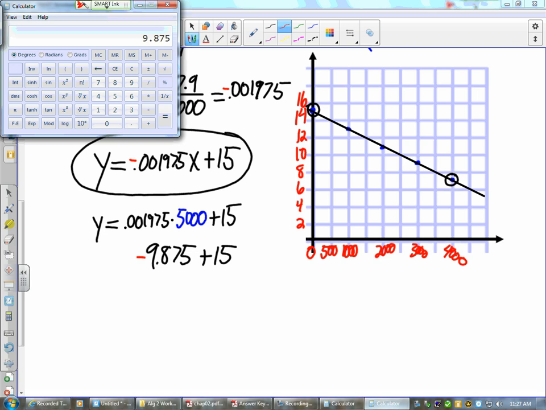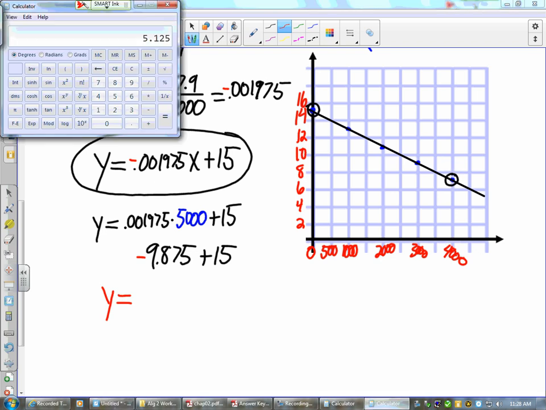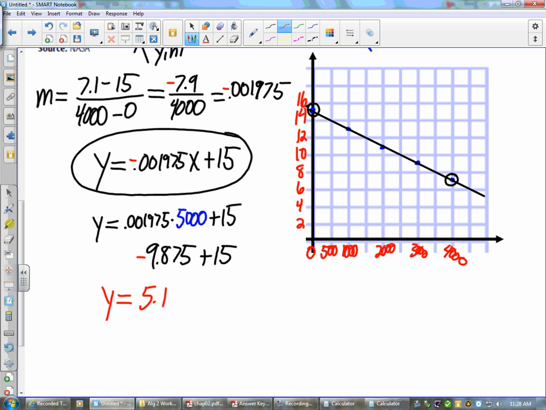So now, if that's a minus, I will go 15 minus 9.875, and that'll give me y equals 5.125. So about 5.1 degrees is what we should expect at this point.